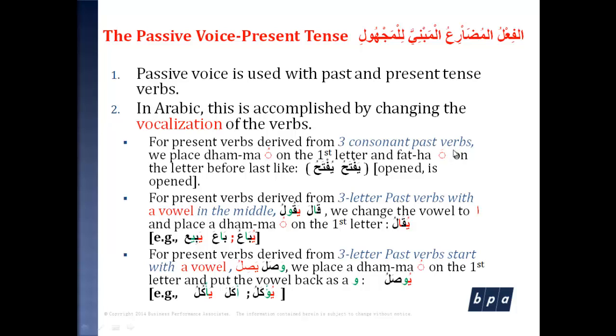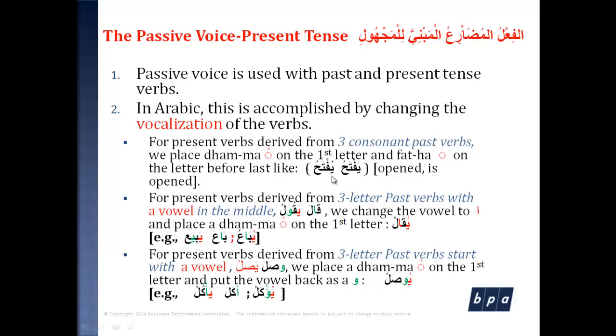For these three consonant past verbs, we place a dhamma on the first letter and a fatha on the letter before last. So in this example, the past tense verb for opened is fataha. The past tense verb fataha becomes yaftahu in the present tense.